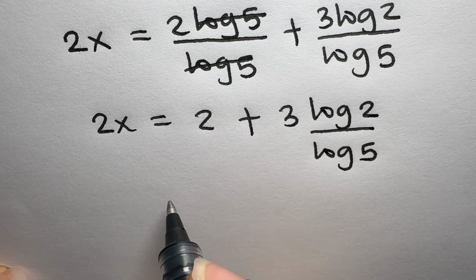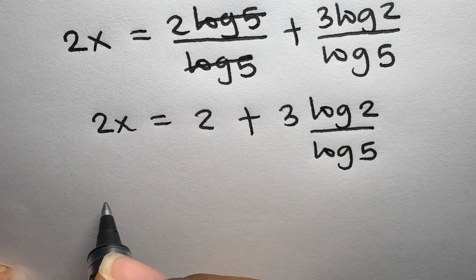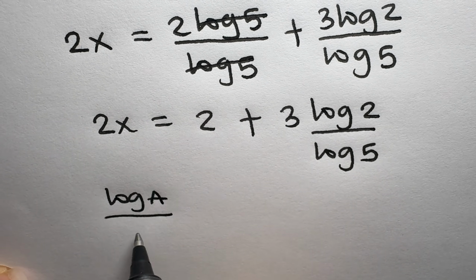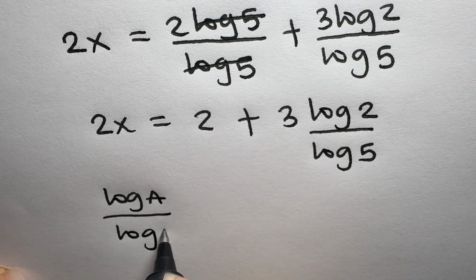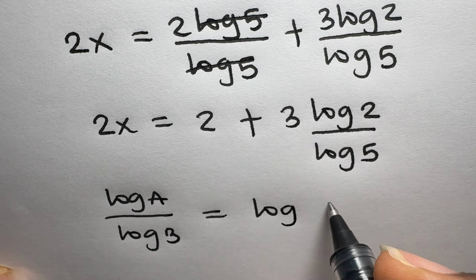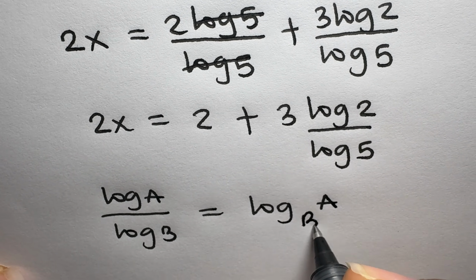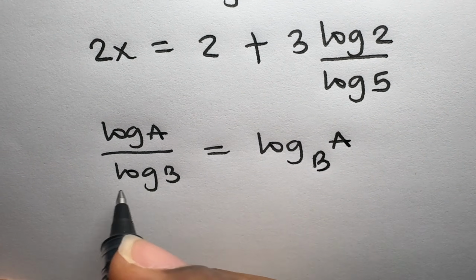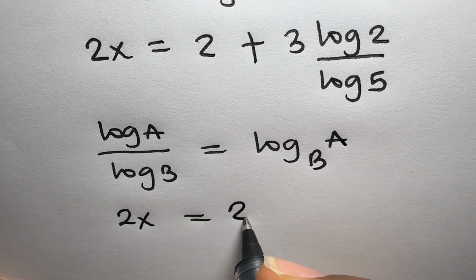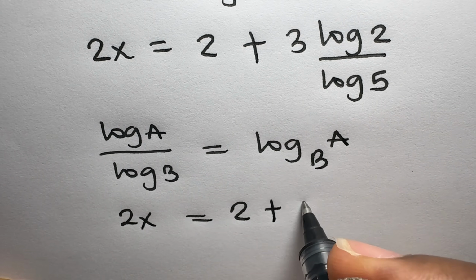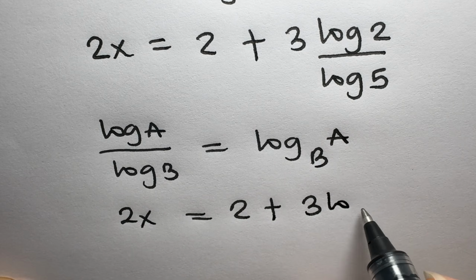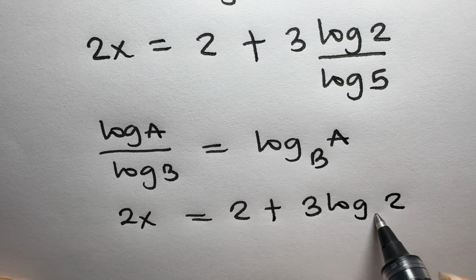This expression is of the form log A divided by log B. And by law of logarithm, this will give us log A base B. So we have 2x is equal to 2 plus 3 log 2 base 5.